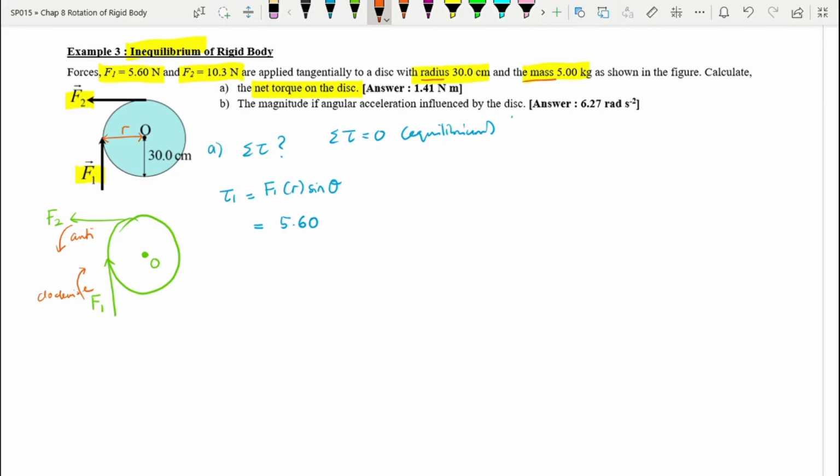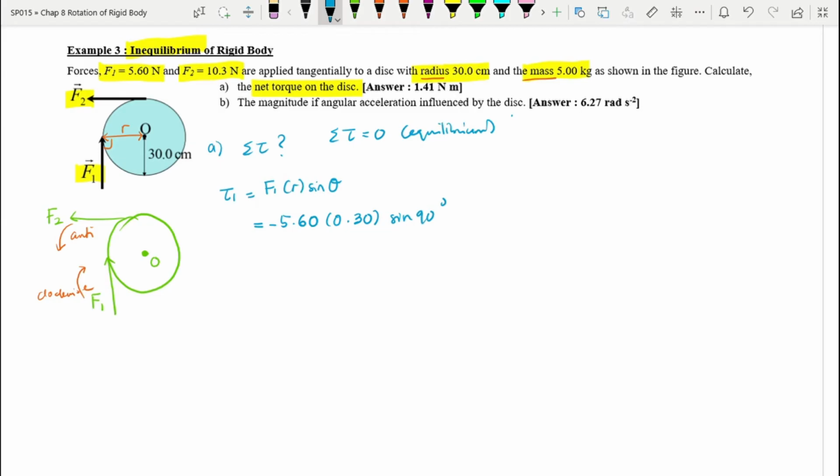Jadi dia adalah radius lah. So substitute 0.3 in meter. Sin 90 juga angle antara R dengan F. Okay, dan torque 1 supposed to be negative. Kenapa negatif? Sebab dia clockwise. Okay, itu adalah torque 1.